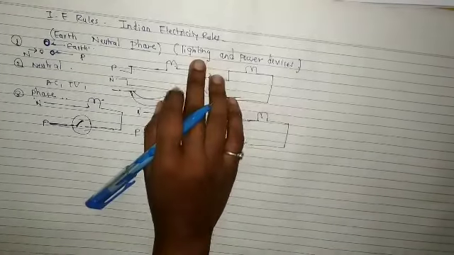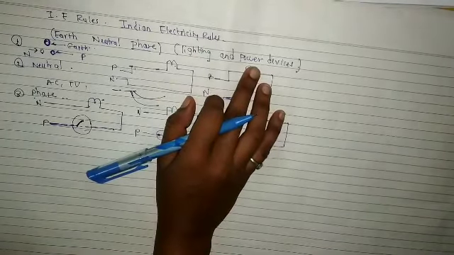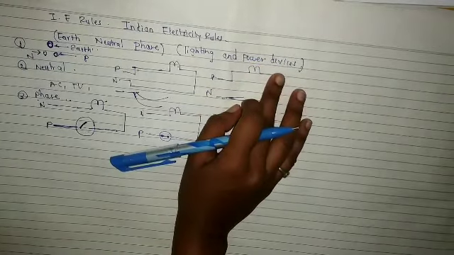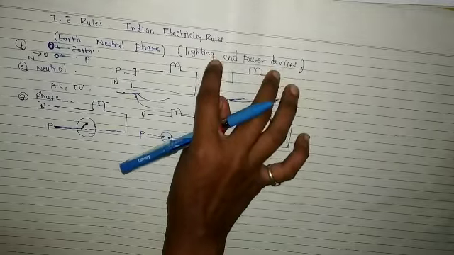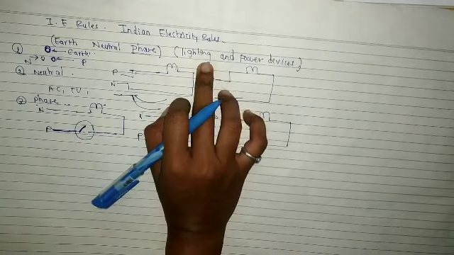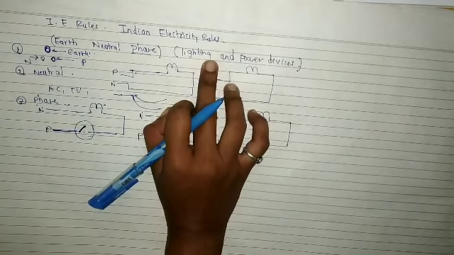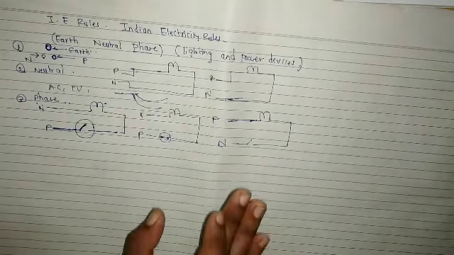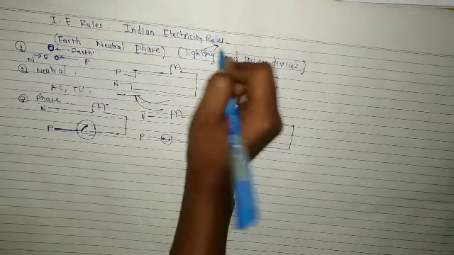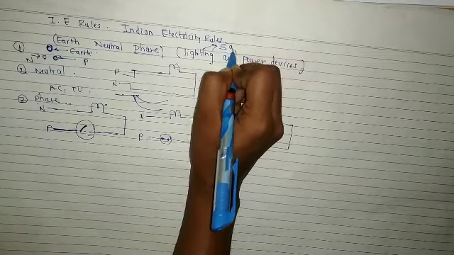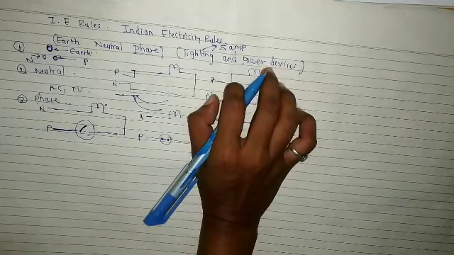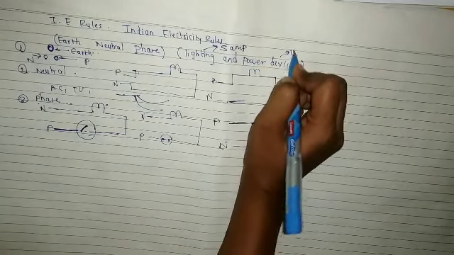Now we'll see the lighting and power devices. Lighting and power devices should have different circuits. So both must have different circuits. What is a lighting device? First we have to understand. The lighting devices are those that operate below 5 ampere current, and power devices are those that operate above 15 ampere.